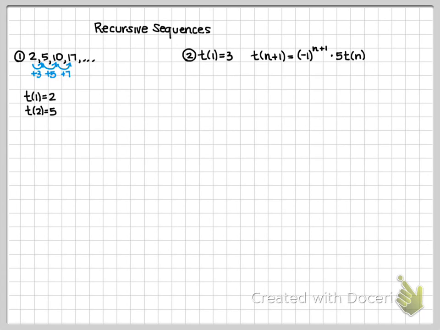All right, so I know just by looking at these two that to find t of 2, I have to take t of 1 and add 3 to it. Well, let's do this a couple of times over and see if we can come up with some sort of a pattern to relate these together.